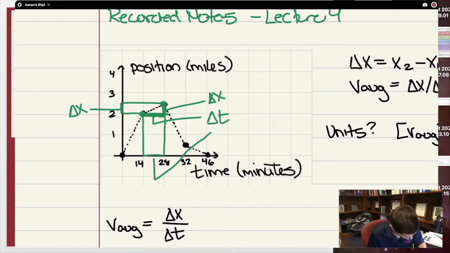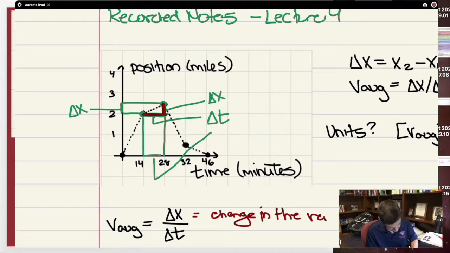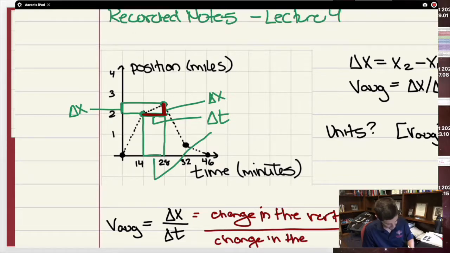So you have this corresponding to delta t, and this corresponding to delta x. So delta x in this case was the change in the vertical axis divided by delta t, which is the change in the horizontal axis.